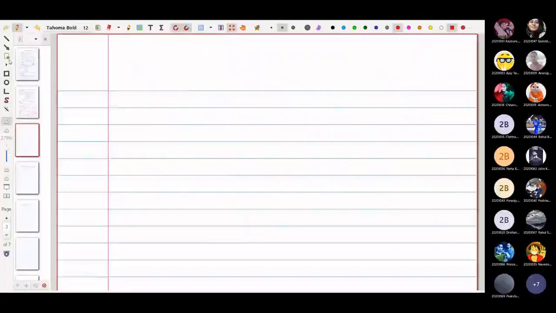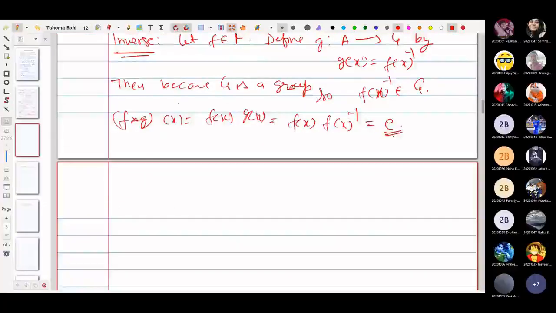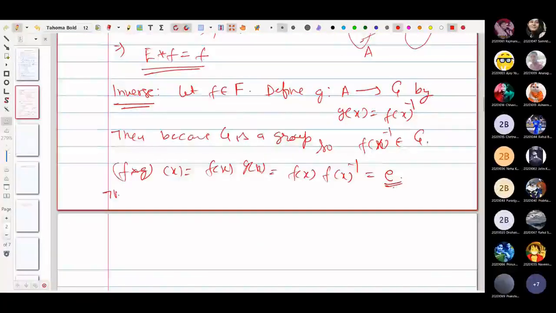If you take any general element, we get its inverse. Thus we have established that its composition is a group.